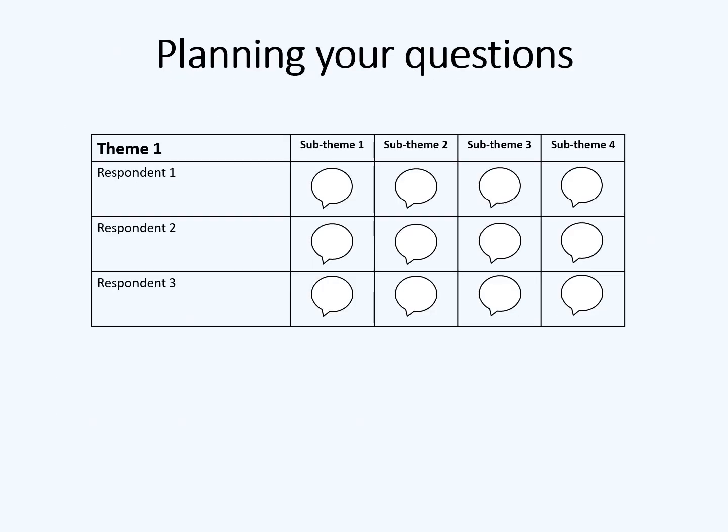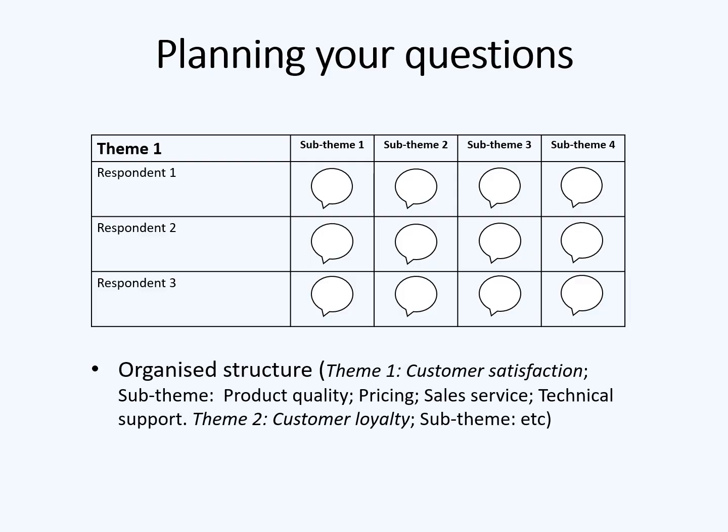As with university essays, your research, whether quantitative or qualitative, will need to be well structured, organised into different themes and arranged in a logical flowing order. The different themes of the topic may be further divided into sub-themes as shown.